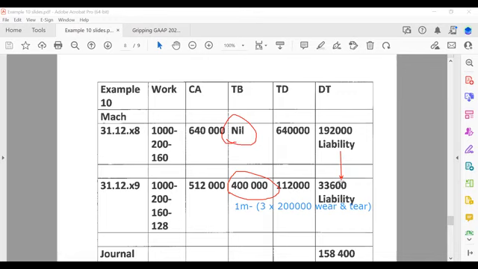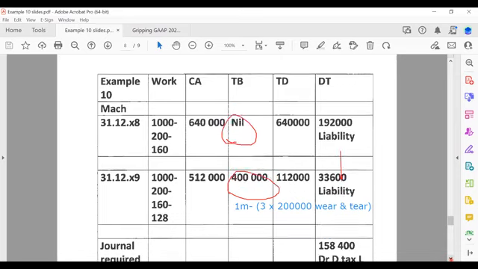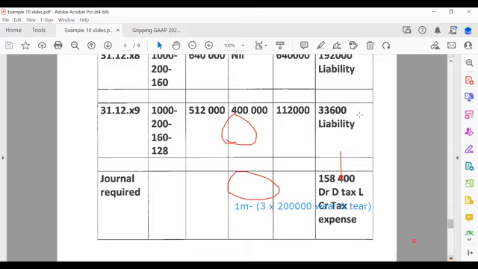We will debit the liability for the difference between 192 and 33,600, and that amounts to 158,400. So we need to prepare a journal entry then, and our journal entry would be to debit the deferred tax liability and to credit the tax expense for 158,400.